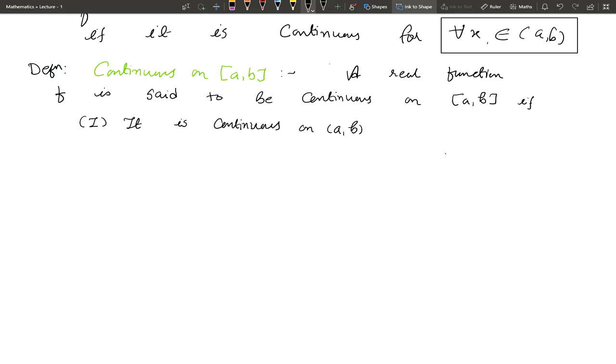Now you note that this is closed interval a comma b.